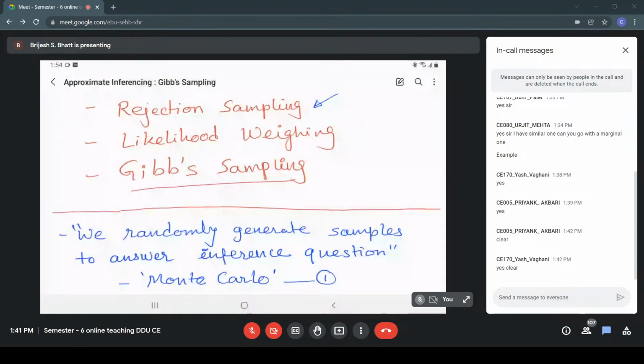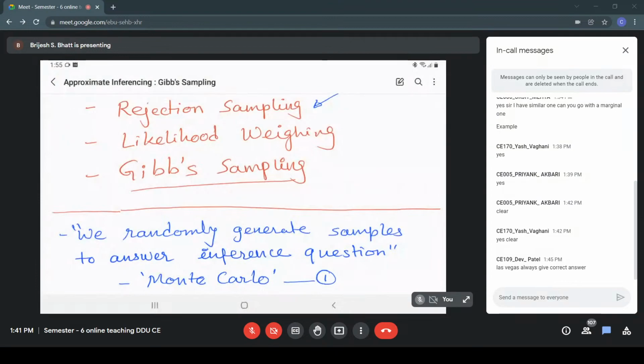Remember, there are two kinds of randomized algorithms: Las Vegas algorithm and Monte Carlo algorithm. What is the difference between the two? Can anyone answer the difference between Las Vegas and Monte Carlo algorithm?